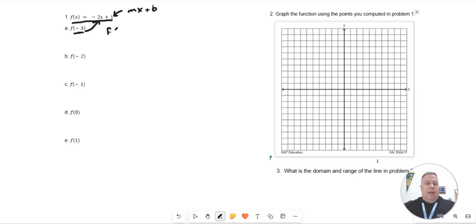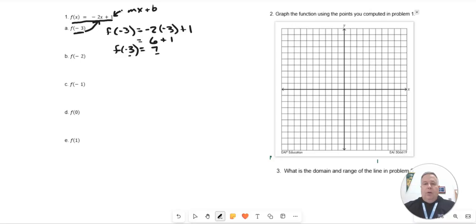I'm going to say f of -3 equals -2 times -3 plus 1. If I solve this, I get 6 plus 1, because -2 times -3 is 6, and then plus 1 equals 7. So f of -3 equals 7. If x is -3, this is the y value.